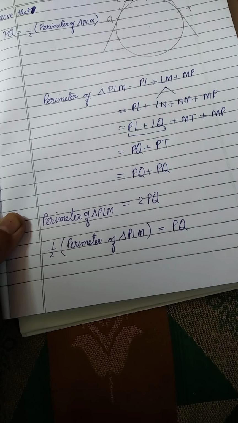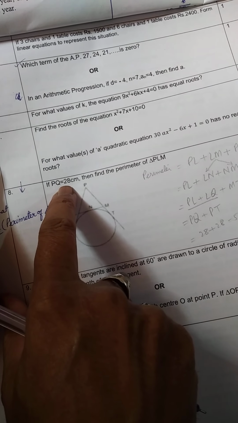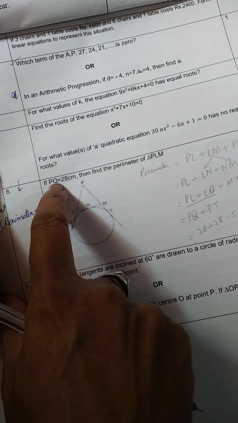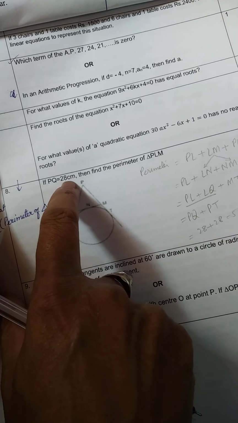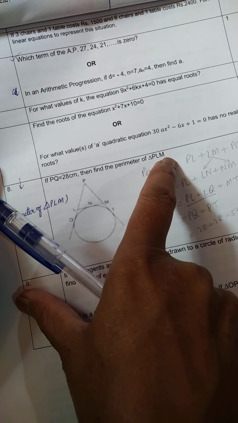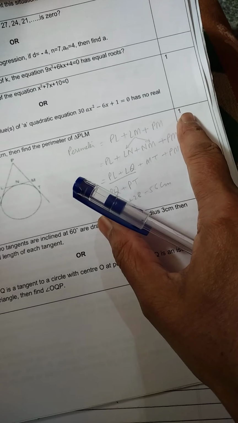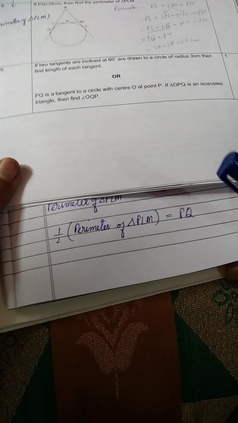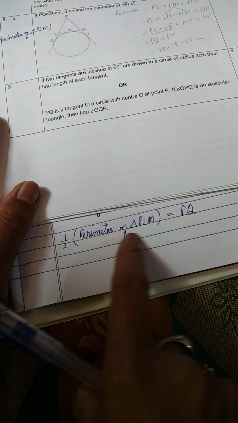Now why I have taken this question, because question number 8 of your standard sample paper, they have given PQ as 28 centimeters, then find the perimeter of PLM. We want to find the perimeter. Because this is a 1 mark question, in short you can write in the beginning, we know that PQ will be equal to 1/2 perimeter of this one.